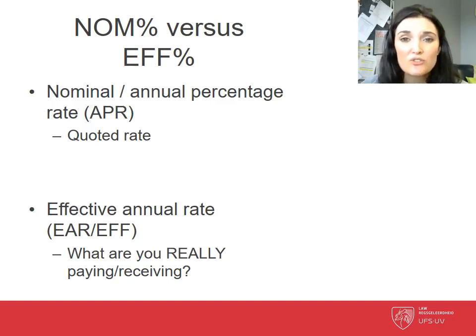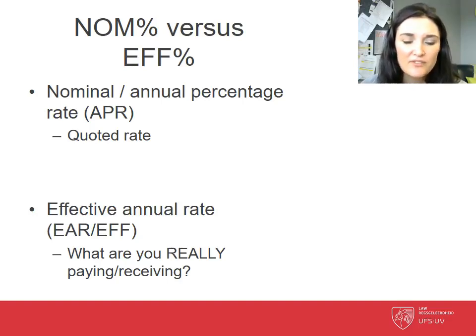This is because your interest is calculated more than once during that period. So the nominal rate is the quoted rate. Financial institutions have to, by law, quote you the nominal rate, and then they will provide you with the compounding periods part at the end.